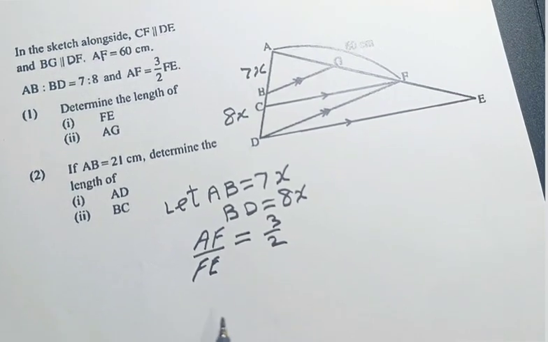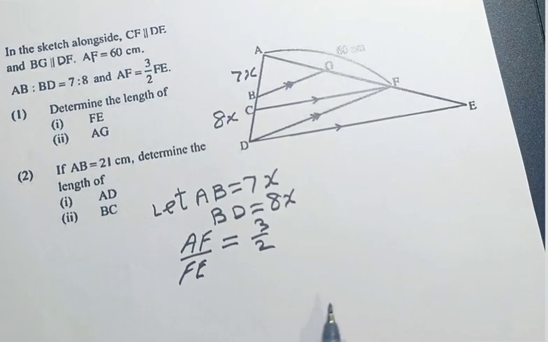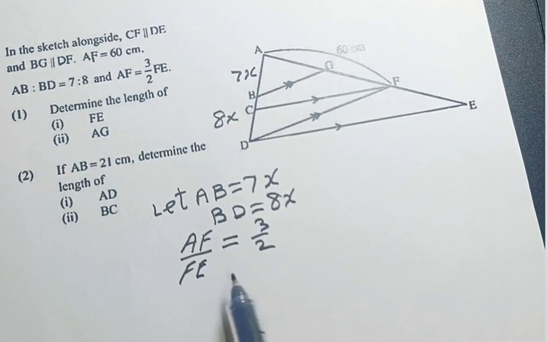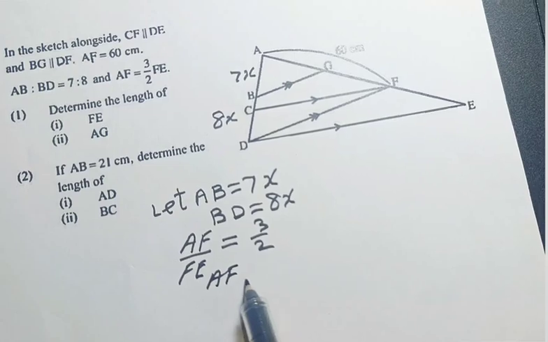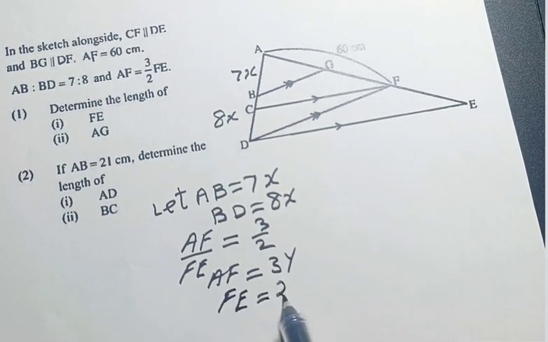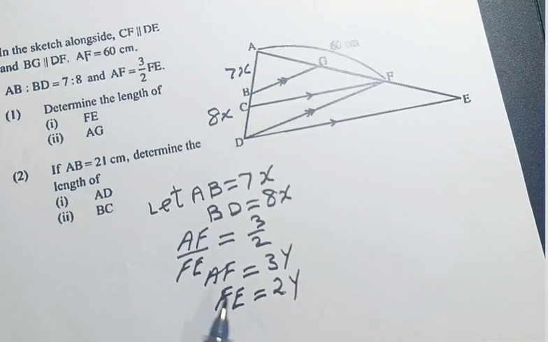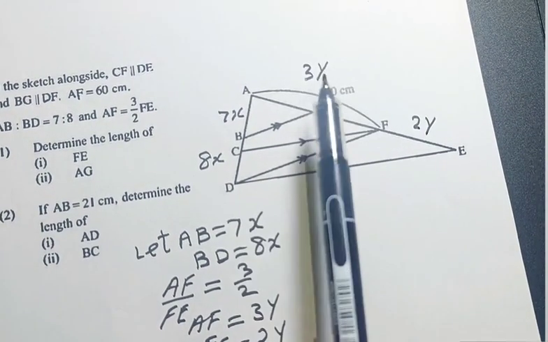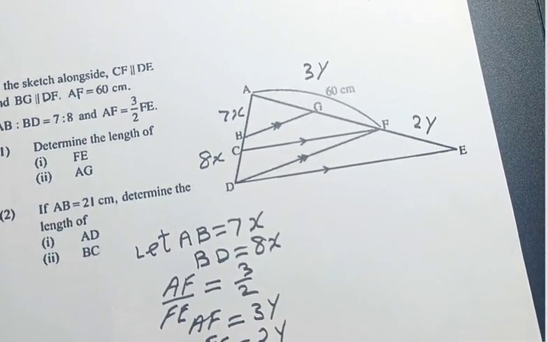This is a different length, so we denote it with another variable. We can say AF is 3y and FE is 2y.